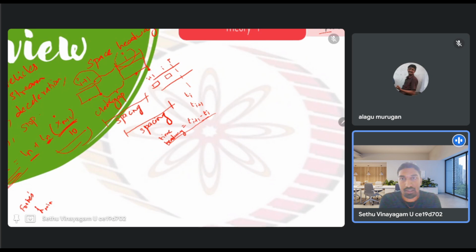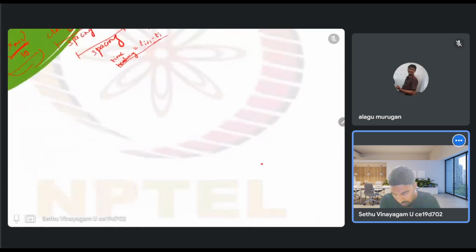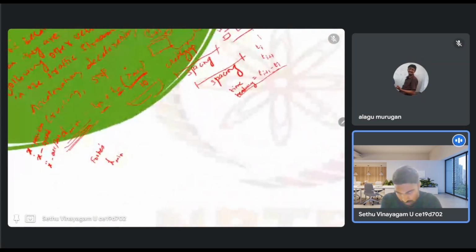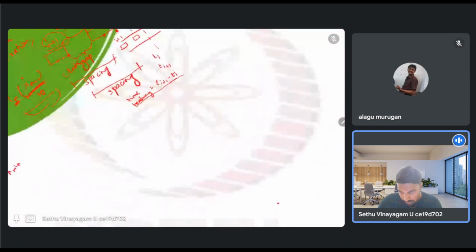If the space headway is large, the time headway will also increase because the vehicles are far apart, so it takes a larger time to cross the same point as the leading vehicle.